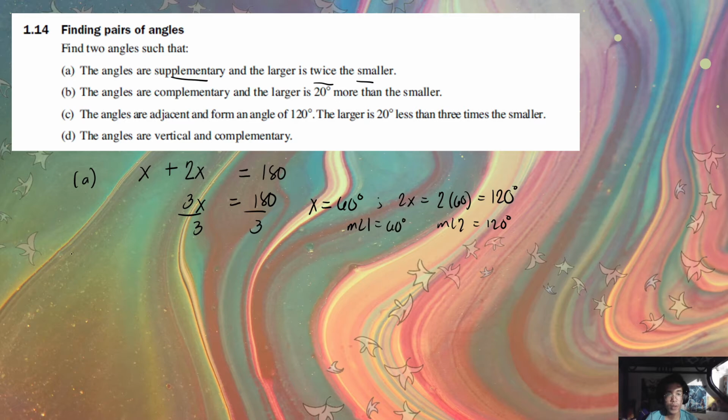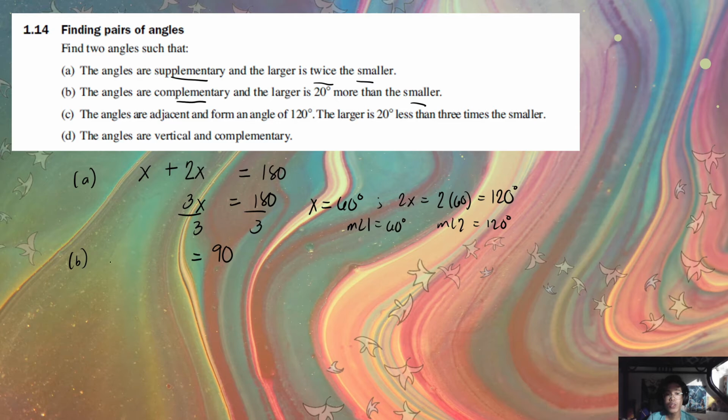Let's try the second one. The angles are complementary and the larger is 20 more than the smaller. For this problem, what's our first clue? The angles are complementary to each other. So we write on the right side of the equation 90 degrees. It says here that the larger is 20 more than the smaller.